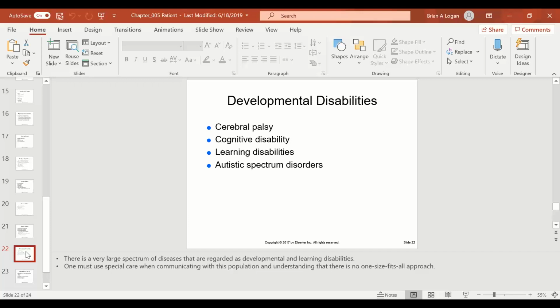You could have autistic patients and patients with cerebral palsy or some other cognitive disorder like dementia or Alzheimer's. That is what we're talking about.